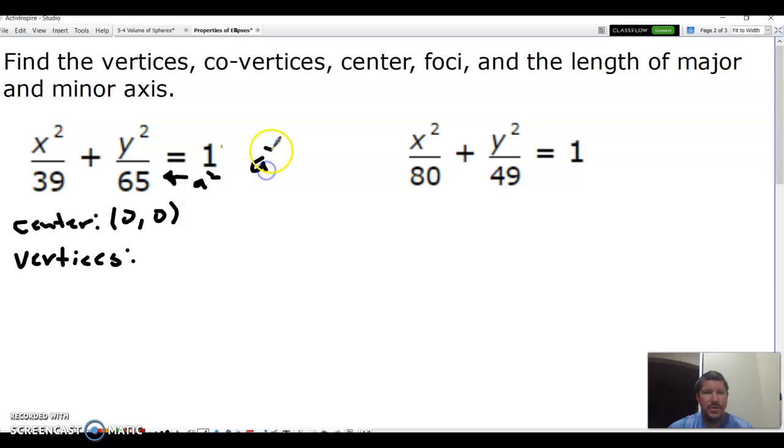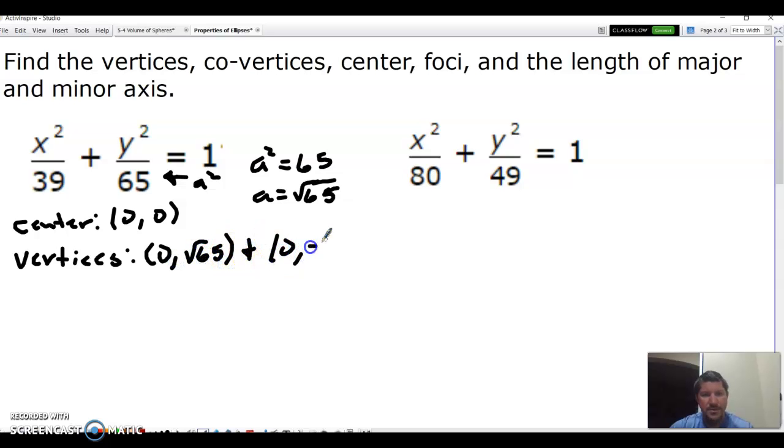So if A squared equals 65, then A equals the square root of 65, which means my vertices, now keep in mind this is under the y, so that means it's going to be vertical. So that's going to be 0, square root of 65 and 0, negative square root of 65.